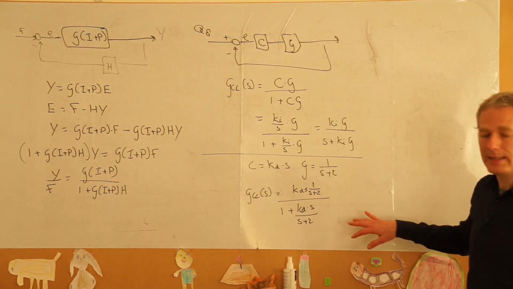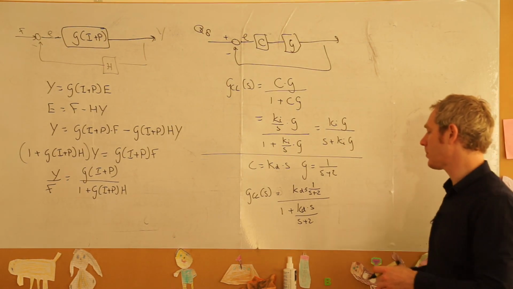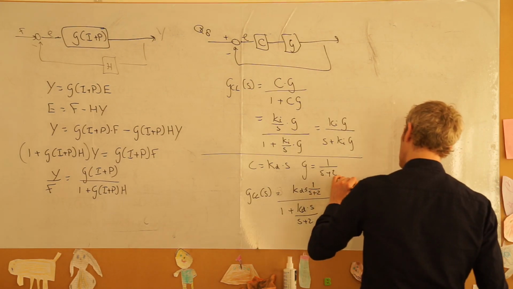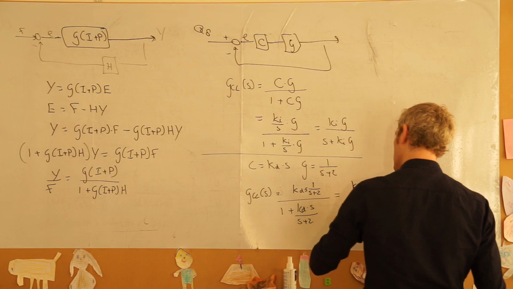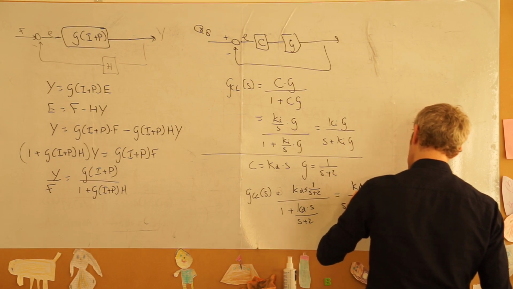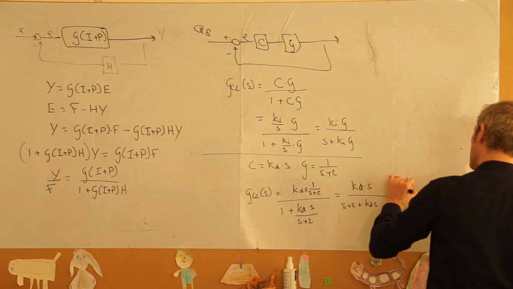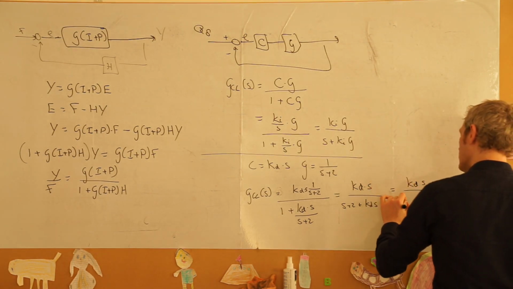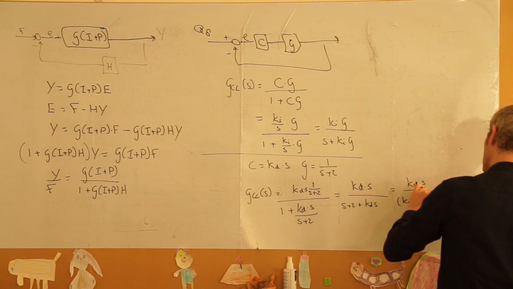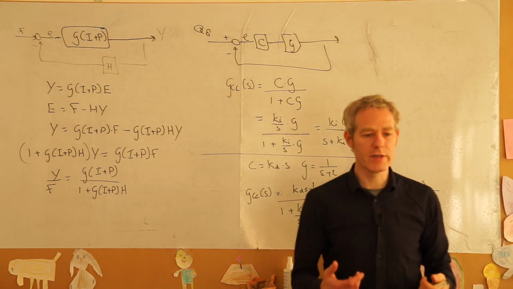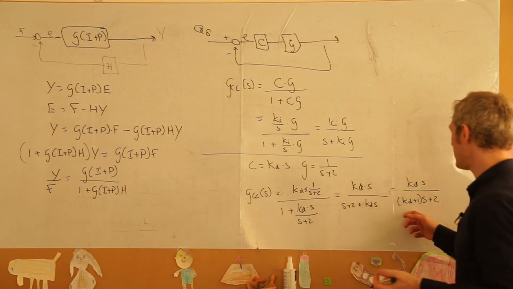Now, to clean this up, I am going to multiply the top and bottom by s plus 2, and we get Kd times s over s plus 2 plus Kd s to get our closed loop transfer function, and I'll just write this as (Kd plus 1) times s plus 2. So we've rewritten our system, and is this system stable or not?